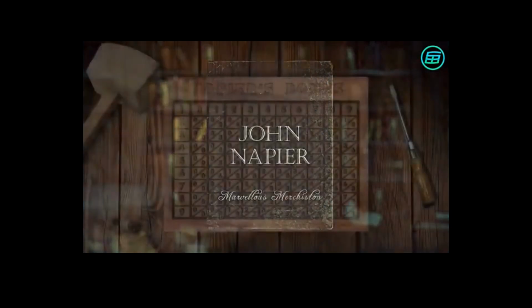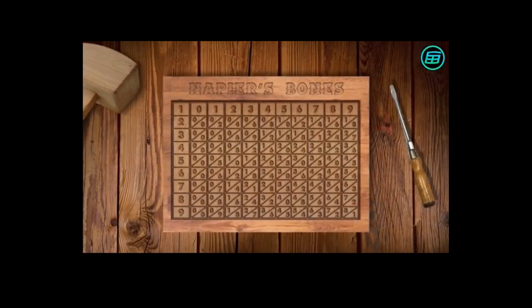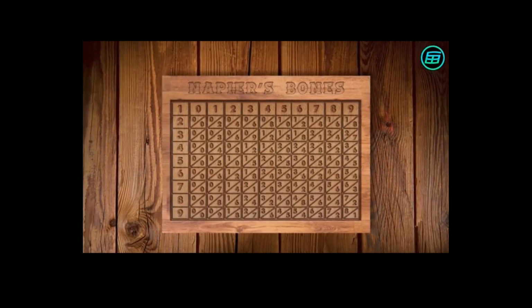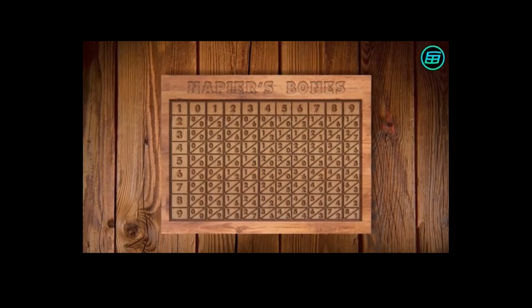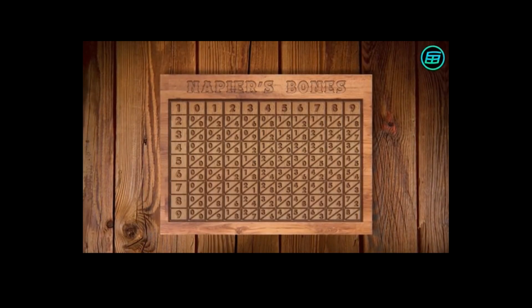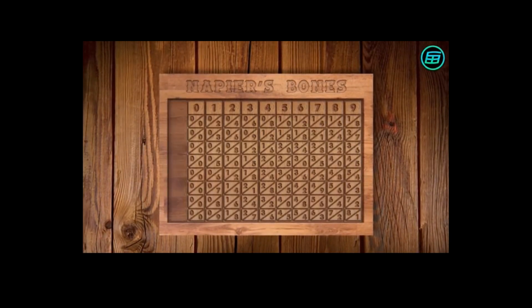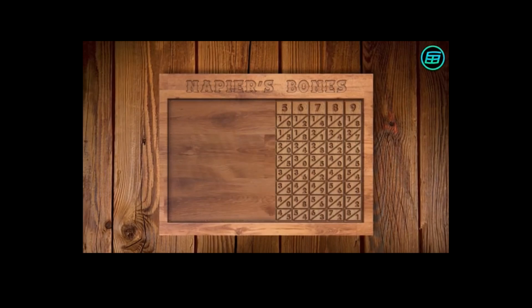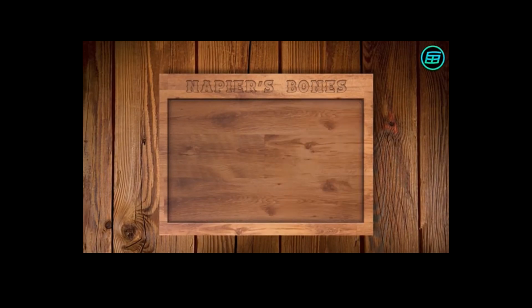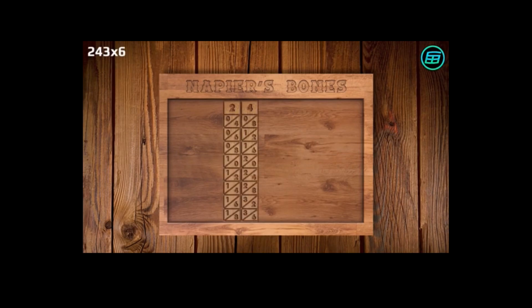Napier's bones consist of wooden or bone rods with figures engraved on them. Numbers are formed using these rods and then calculations carried out on them in a straightforward way. Let's see how Napier's bones can be used to solve a multiplication problem. Say we want to multiply 243 by 6. First we take the number rods 2, 4 and 3 and put them next to each other to form the number 243.